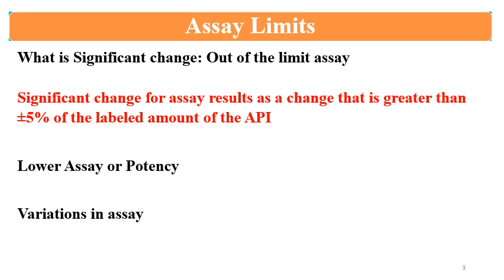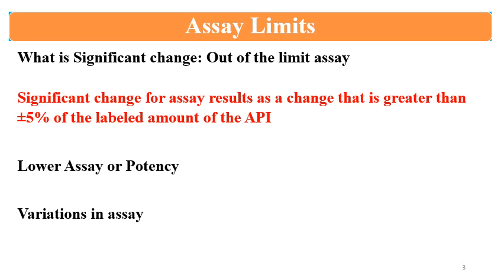So what is significant change or what is out of the limit assay values? Significant change for assay results is a change that is greater than 5% of the labeled amount of the API. So if the initial assay is, for example, 100%, and if it decreased by more than 5%, then it will go into the category of out of specification and it will be a significant change.